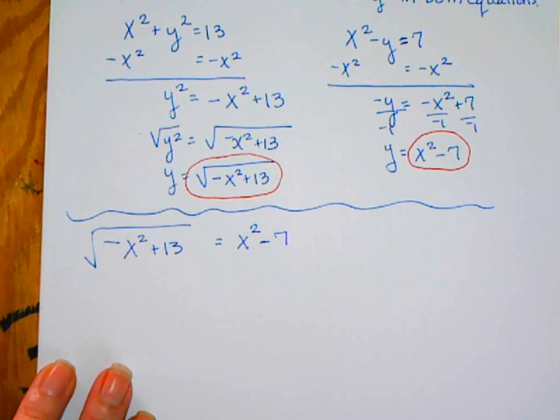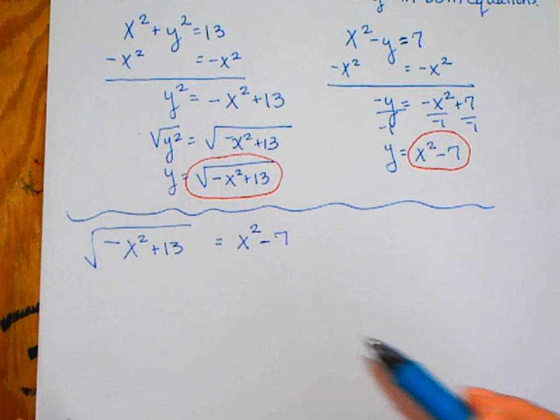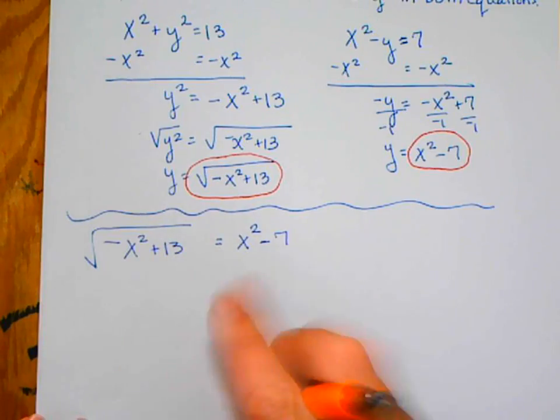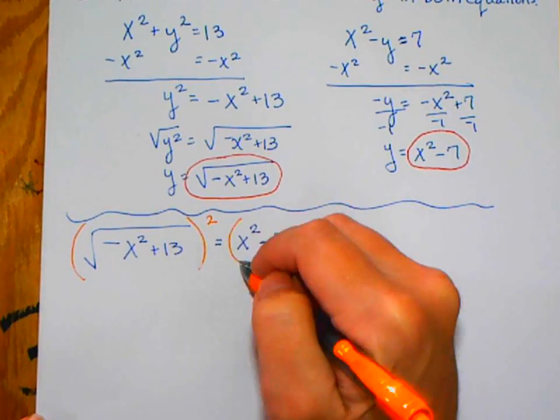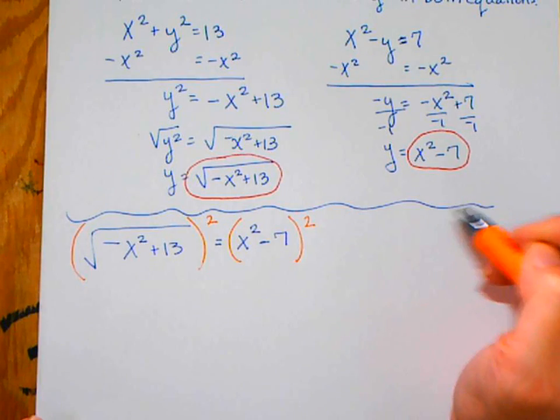Not right now. I've got to get rid of the square root sign, or the radical sign, right? So what is the opposite of square rooting something? Squaring it. So if I square the left side to get rid of the radical, then I've got to square the right side. And I square that whole thing together, not individually.